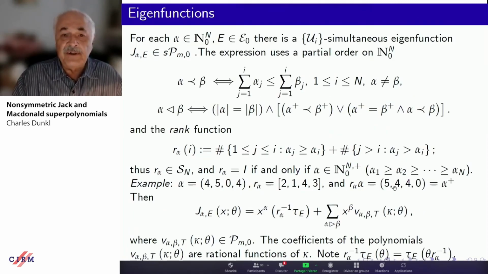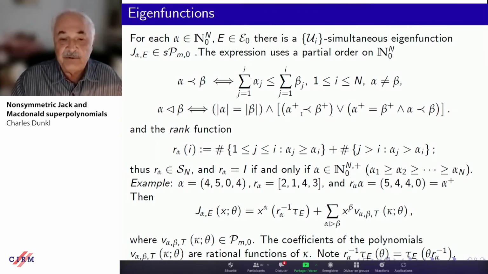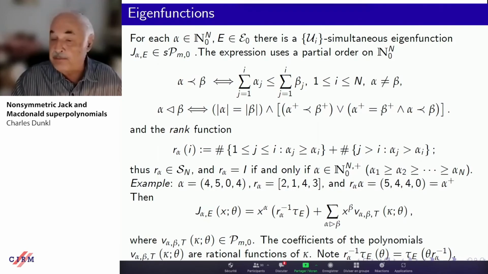To get the eigenfunctions, we need to put an order on the variables. This is the usual dominance order, which is usually for partitions. And then this is the derived order, that alpha is less than beta if either the alpha plus, this is the non-increasing rearrangement, in other words, you make a partition out of the elements, is less than beta plus in dominance order, or they have alpha and beta are permutations of each other, and alpha is less than beta.